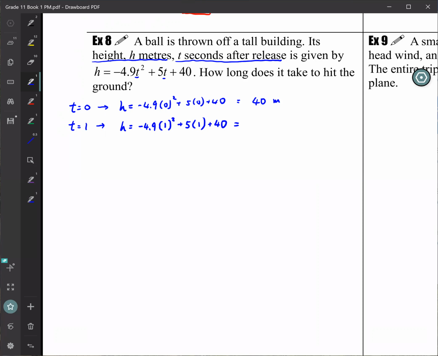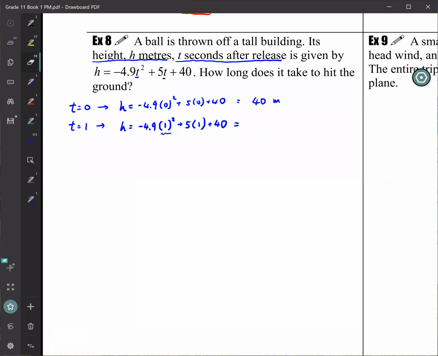Okay, Angela, what do you have? Negative 4.9 squared plus 45. What's that equal? The square is only for the 1. You do not square the 4.9 as well.